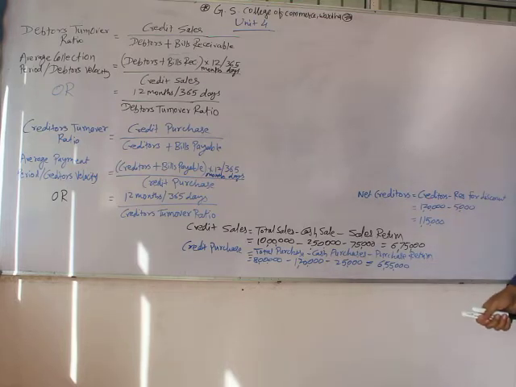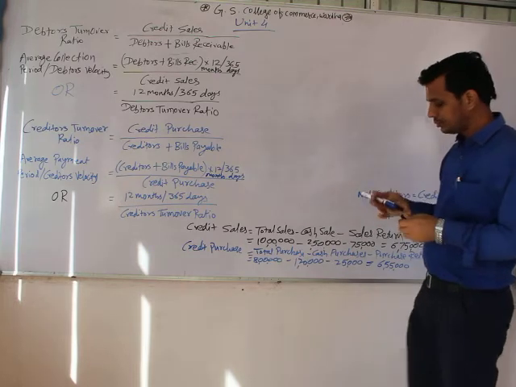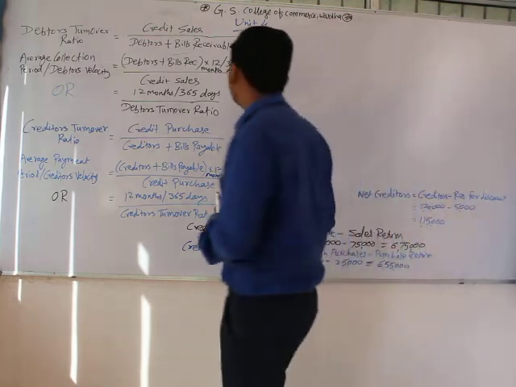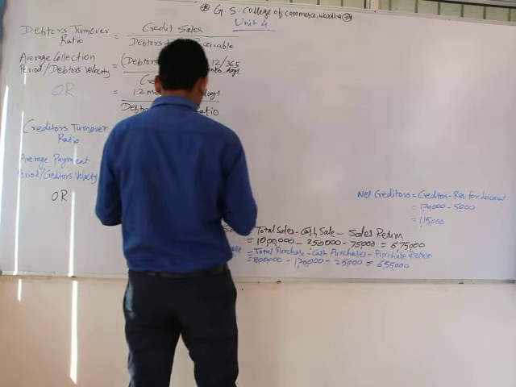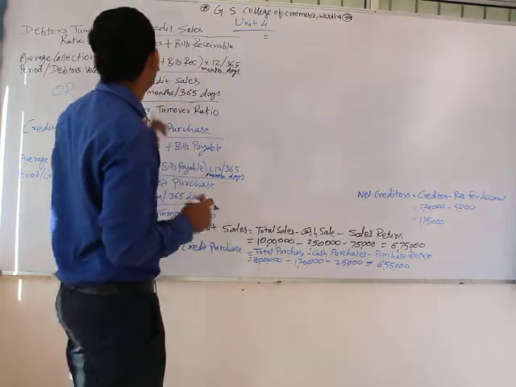Now, with the help of all this information, we can easily calculate everything asked in the question. We will start with the debtors turnover ratio. What was the formula?